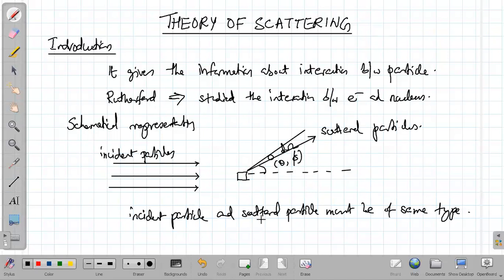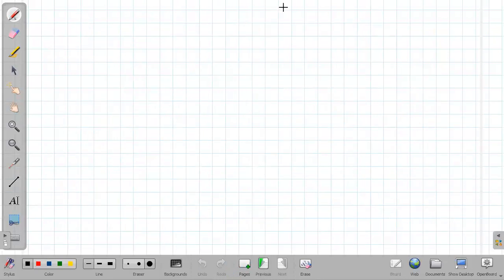Now we can classify scattering into two categories. The first one is called the direct scattering problem.